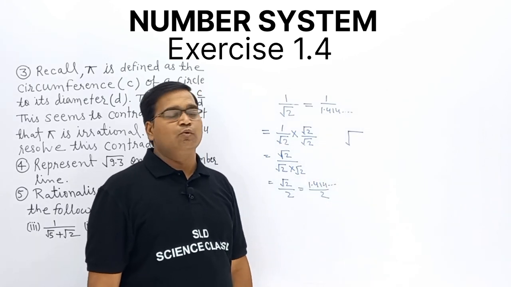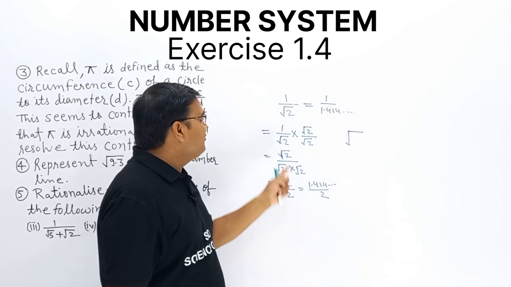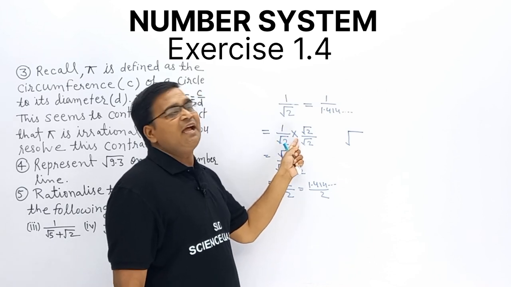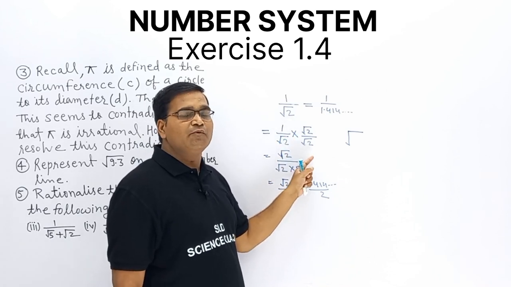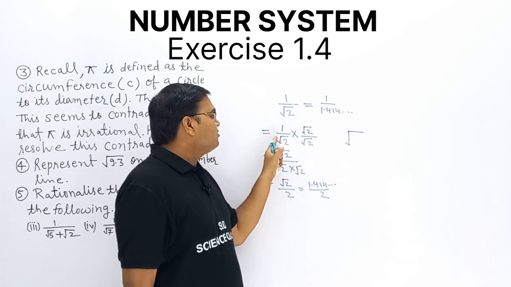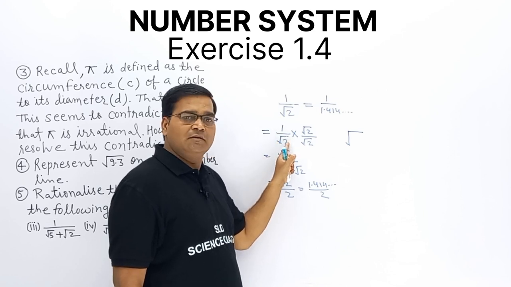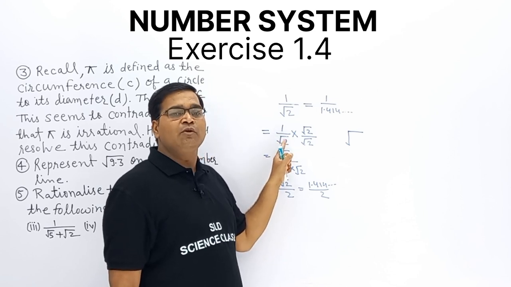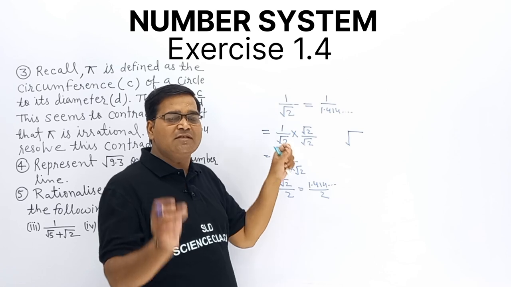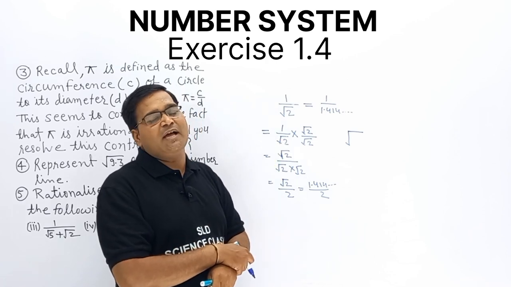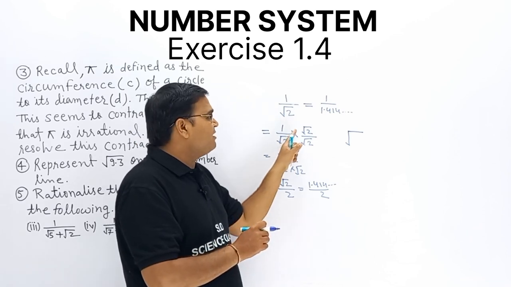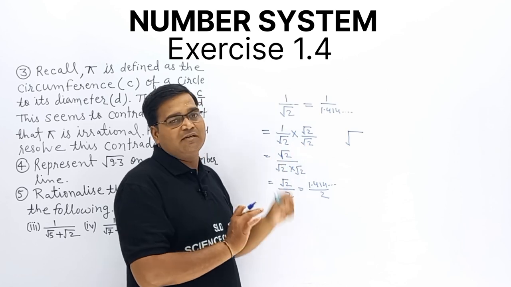How will we remove it? We multiply and divide by that number. If we have a single root number like root 2, root 3, root 5, then we multiply and divide directly.